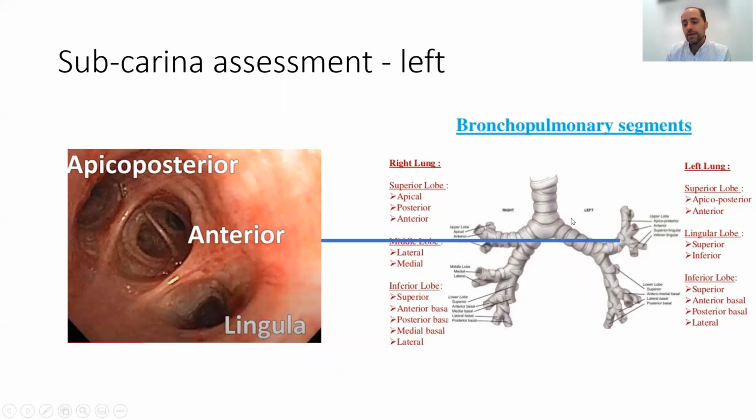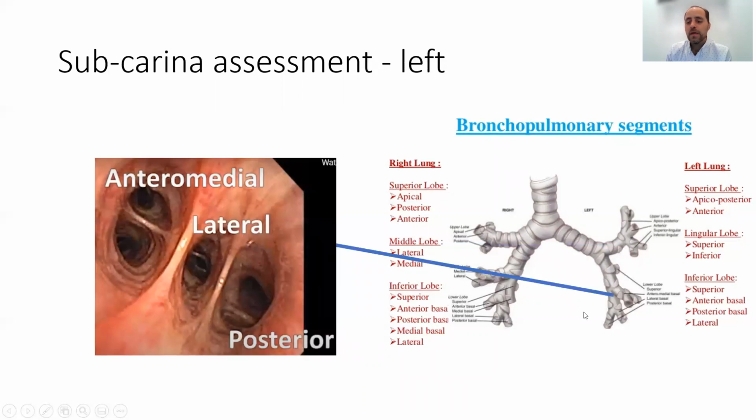As you look closely into the superior lobe or the left upper lobe, you'll see that there's an apical posterior and an anterior segment. You can also see clearly the lingula coming off very closely to where the left upper lobe is. If you move the scope down into the left lower lobe, you'll see the basal segments of the left lower lobe.